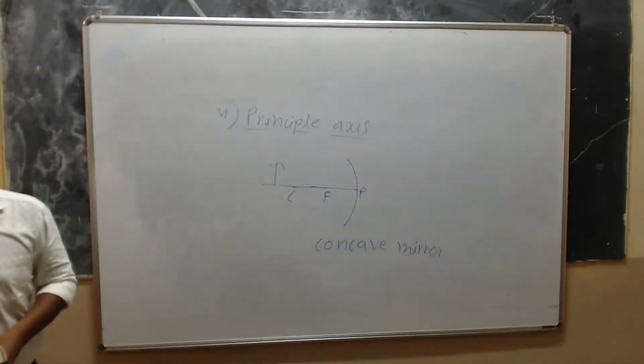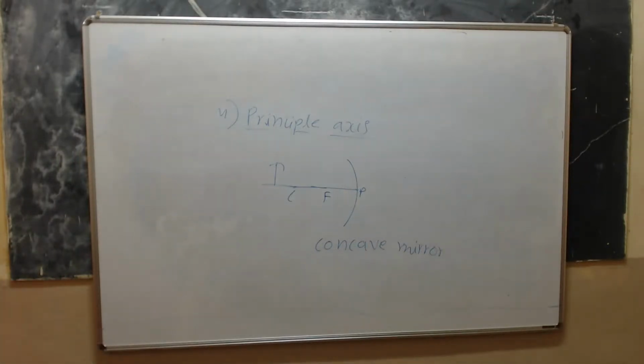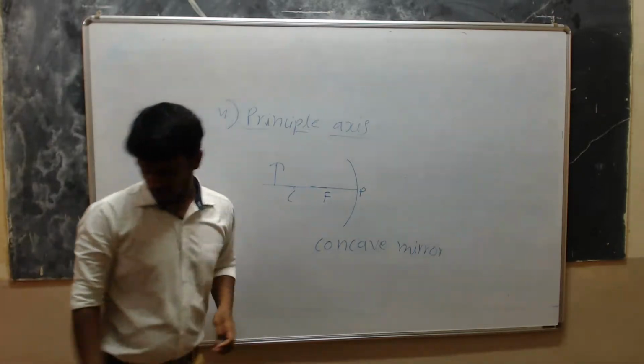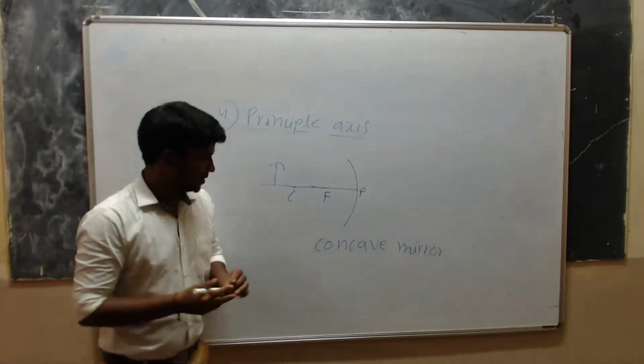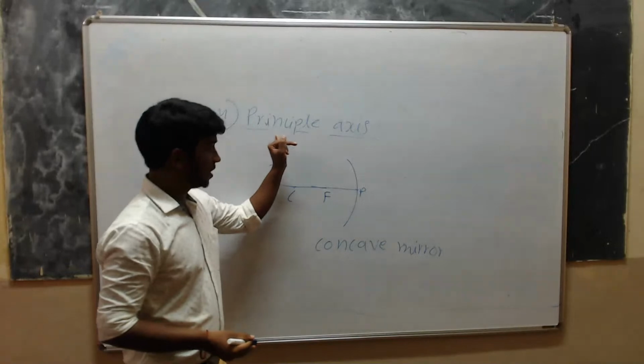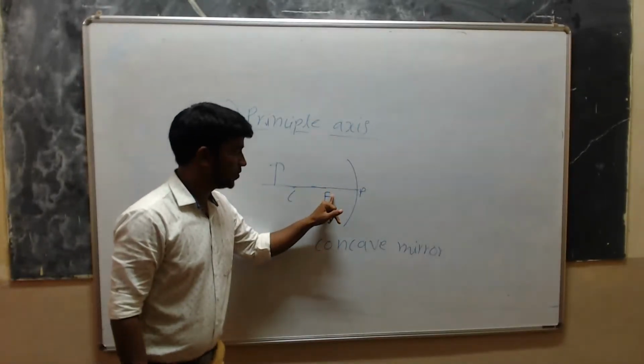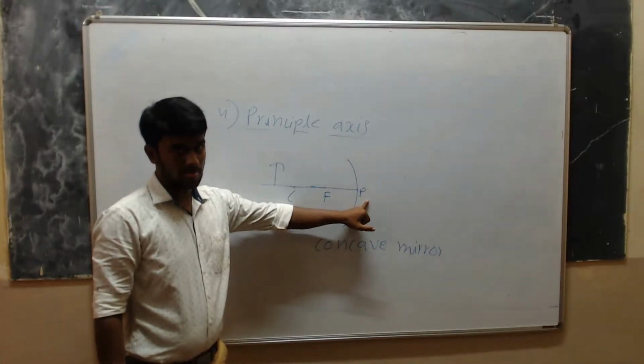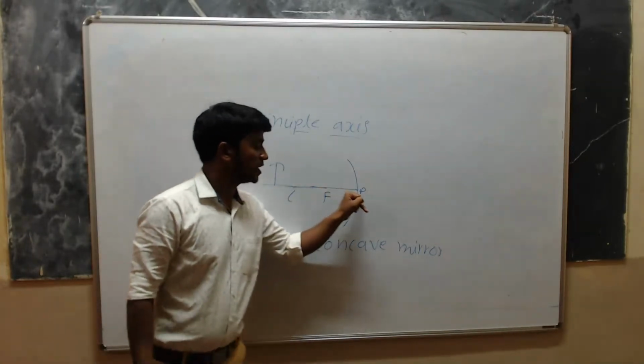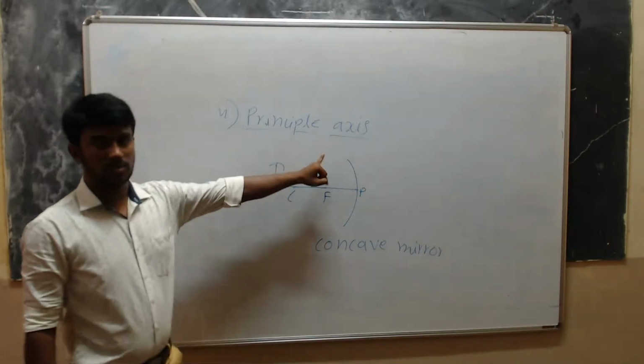We call this imaginary line the principal axis.